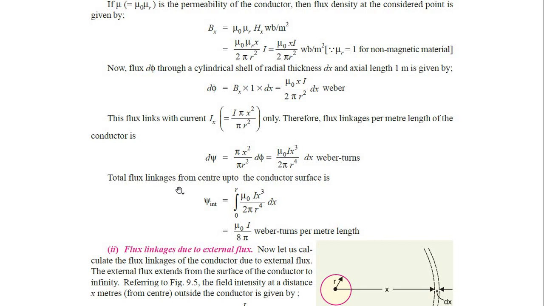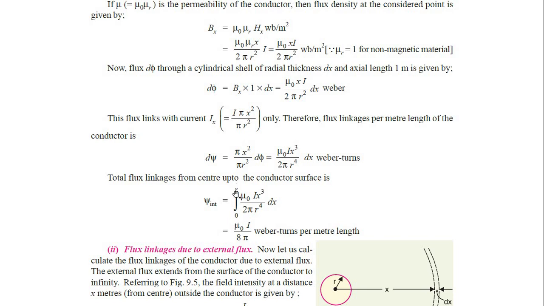Finally, total flux from center up to the conductor surface, obviously you are covering a distance, you are covering one area, and always when the area term comes into picture, you have to take the integral. Okay, integral is the measurement of area from 0 to r.